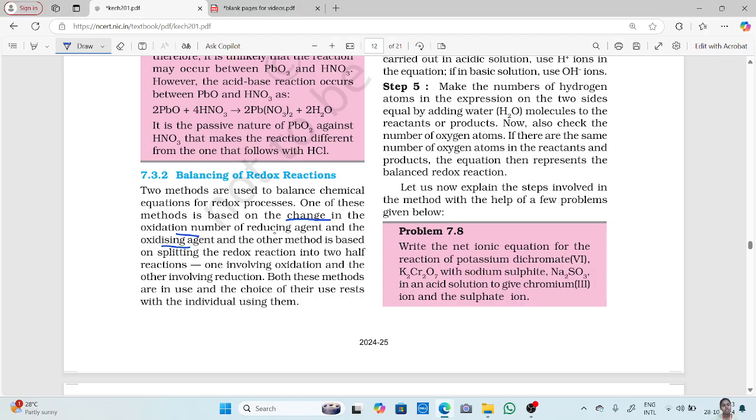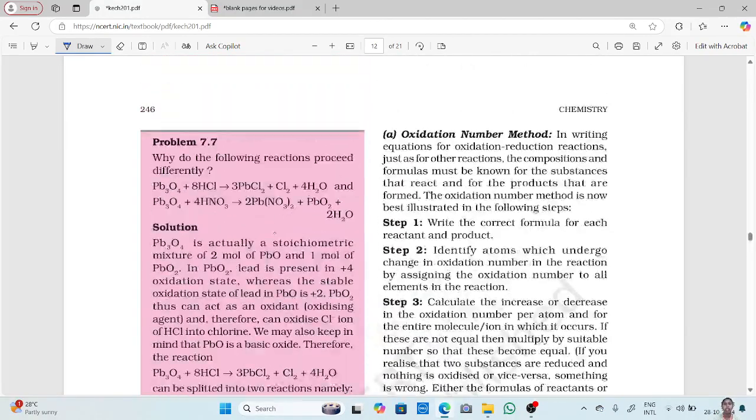Both these methods are in use and the choice rests with the individual using them. It depends on the person who is doing the balancing which method they will apply, whichever is convenient for that person.